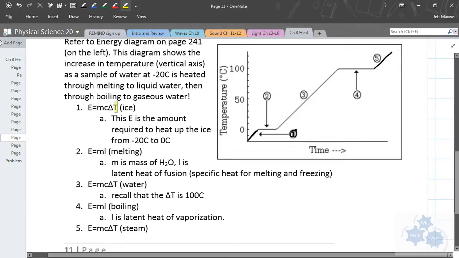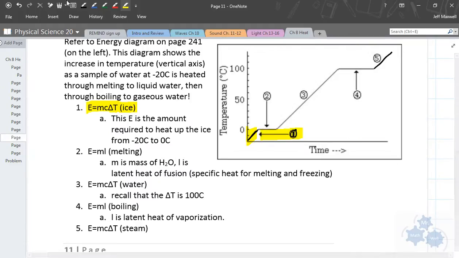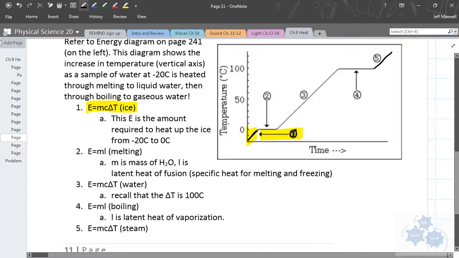We are actually seeing a temperature change. You see this? The temperature is changing. And so the energy formula we use is E equals mc delta T. This is the energy required to heat up the ice in section number 1. On this heating graph, this starts at minus 20 degrees Celsius, or negative 20 degrees Celsius.